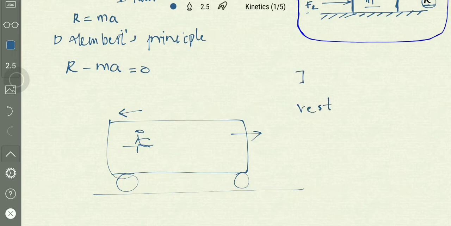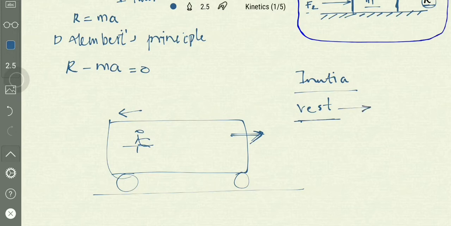According to inertia, the body tries to stay in its state, may be rest or in motion. So this body is at rest first. By application of force, this rest position is to be disturbed.